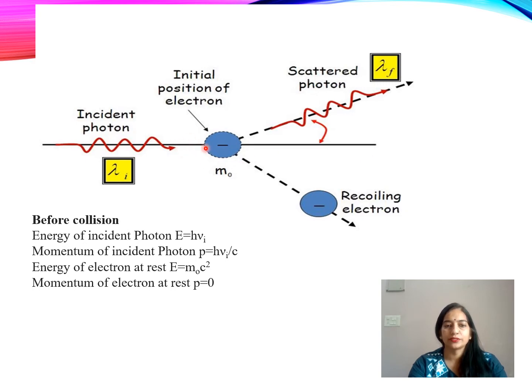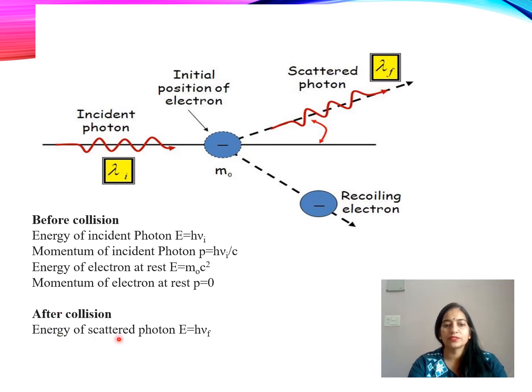When the photon strikes the rest electron, it gives some part of its energy to the electron, and the electron recoils in some direction theta, and the photon is scattered in direction phi. Then after collision, suppose the changed wavelength of the scattered photon is lambda f.